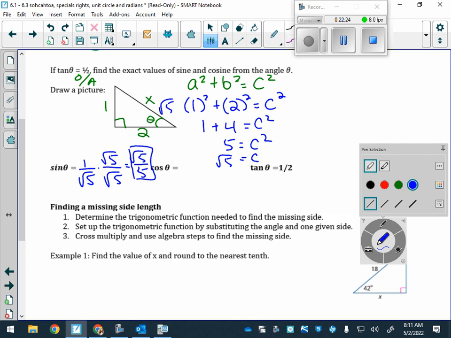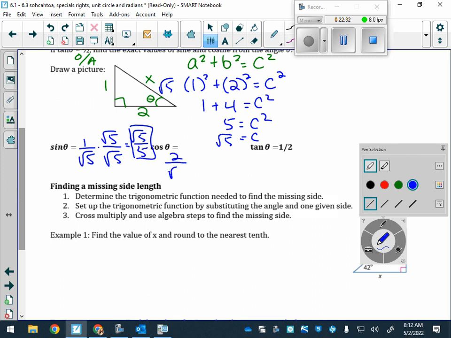Excellent. How about the cosine? Rob. Excellent. So we have 2 over root 5. Multiply top and bottom. Perfect, you guys. Great job. Okay. Any questions? All right.